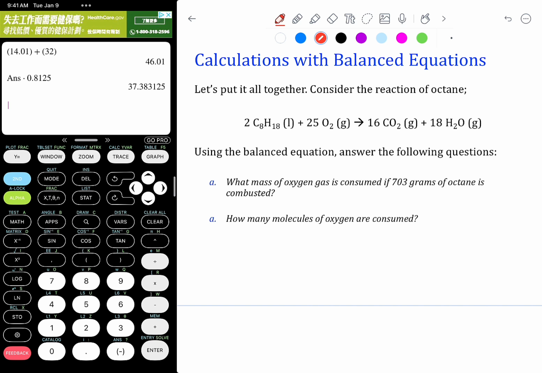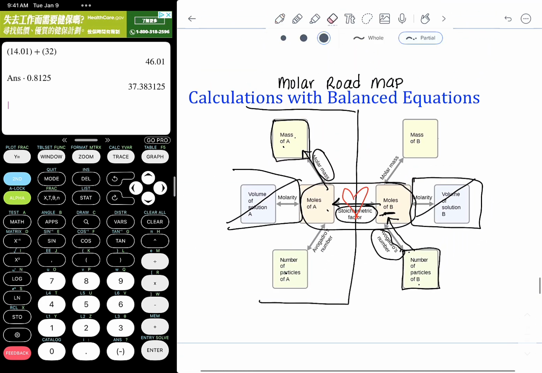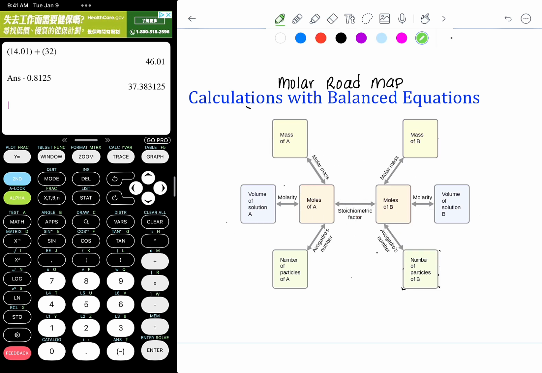And how many molecules of oxygen are consumed? So we're starting with a mass of octane. So let's go to our chart here. Let's erase some of these things. We're starting with a mass of A. So here's where we're starting. And we want to get to the mass of B. So that's our ending right here, mass of B.